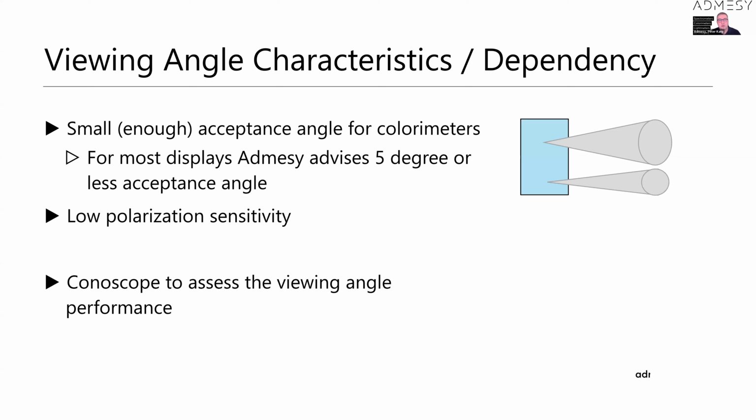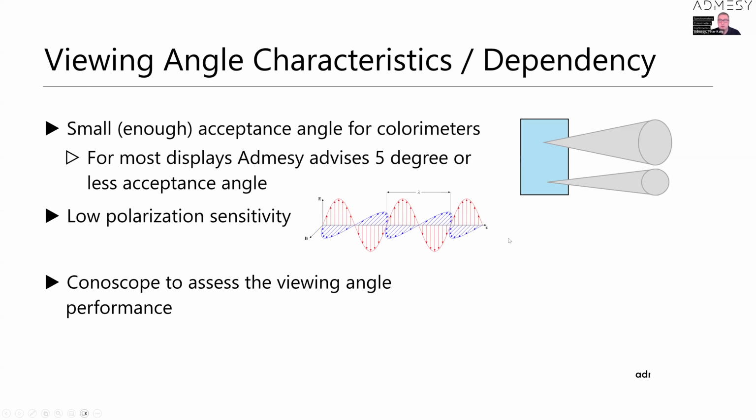And this is a difference compared to our competitors, that sometimes they use a larger acceptance angle to get a higher sensitivity, but with our patent pending electronics design, we can achieve a super sensitive device and can then use a relatively small acceptance angle to have very accurate color measurements.